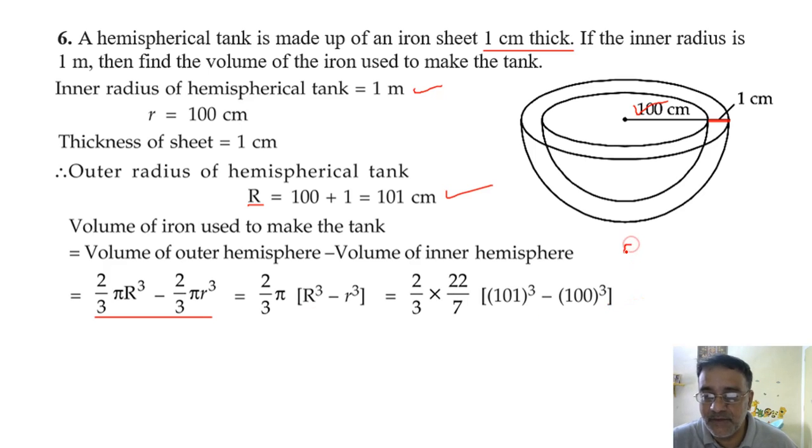So, you have studied a formula for a cube minus b cube. What is the formula? I am writing here a minus b whole cube. Look carefully, a minus b whole cube plus three ab into a minus b.